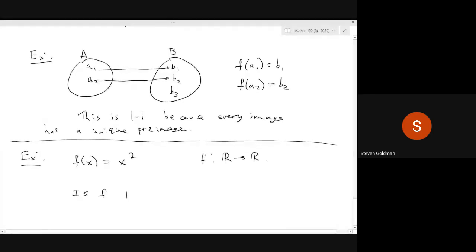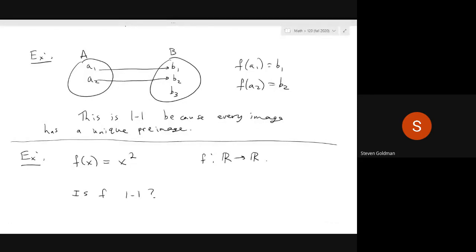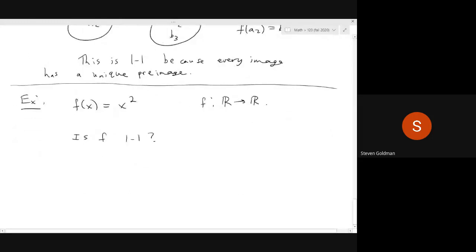The answer is no. How do I check? To show that it's not one-to-one, I have to be able to find two different x values that give me the same y value, two different elements in the domain that give me the same element in the codomain.